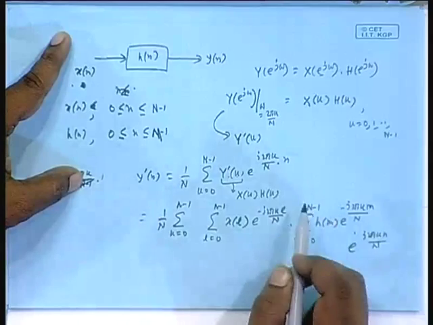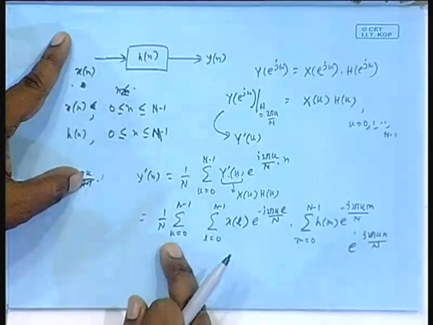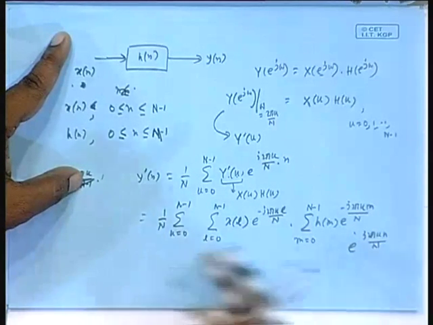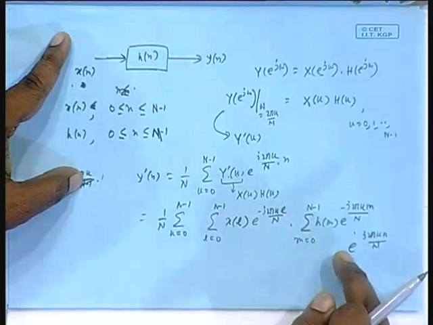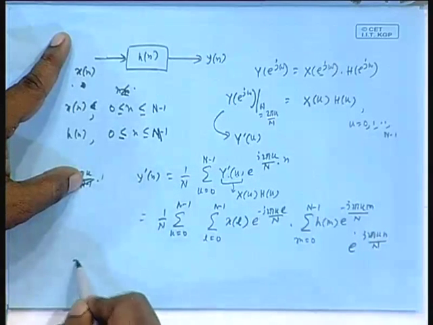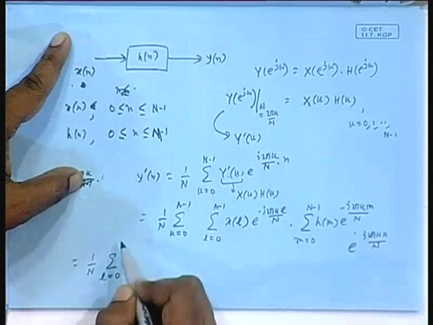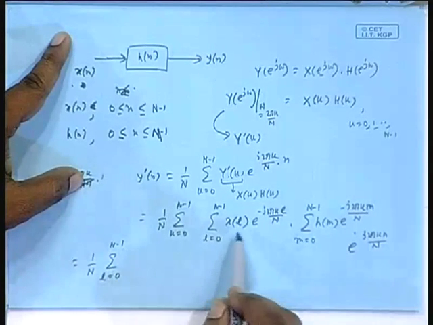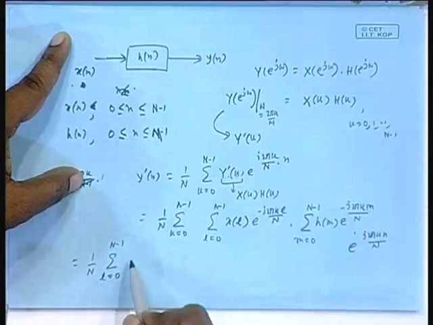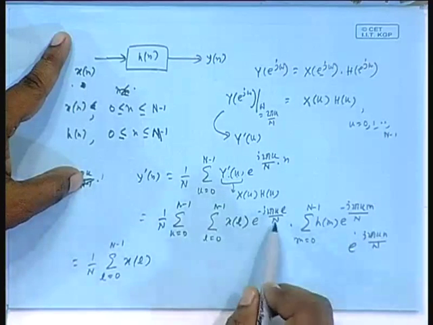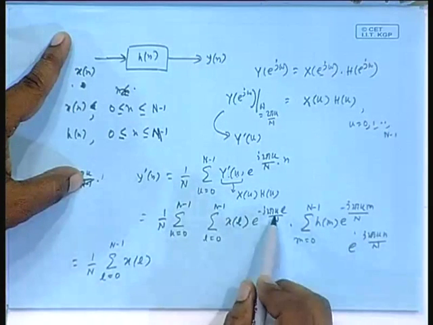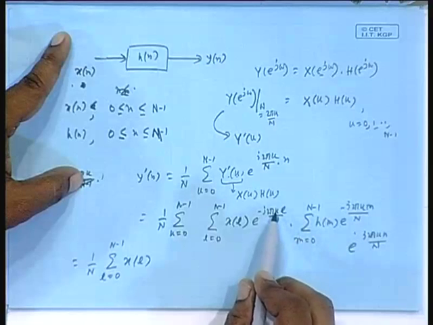Now three summations, we have to interchange the summations. This k summation, push it absolutely inside, let it be innermost. Let this be over x, summation over l, so only x[l] remains here. This term involves not only l but k.